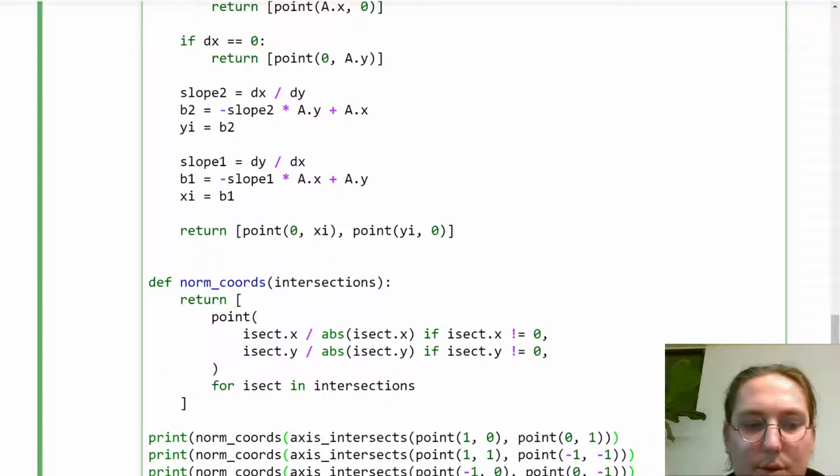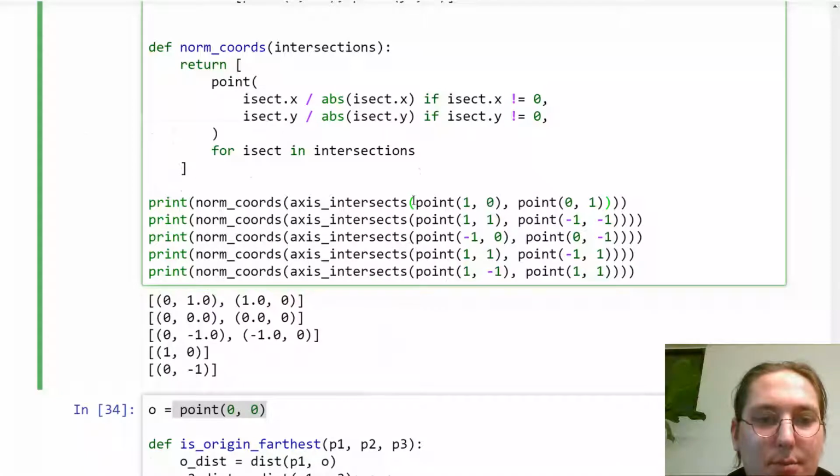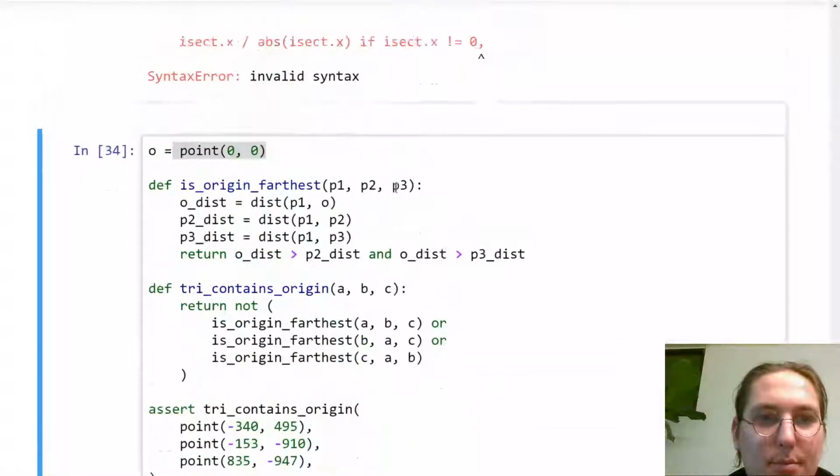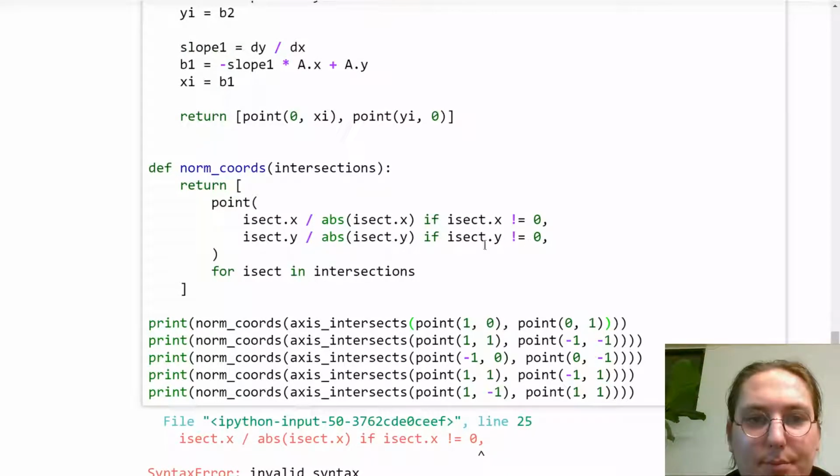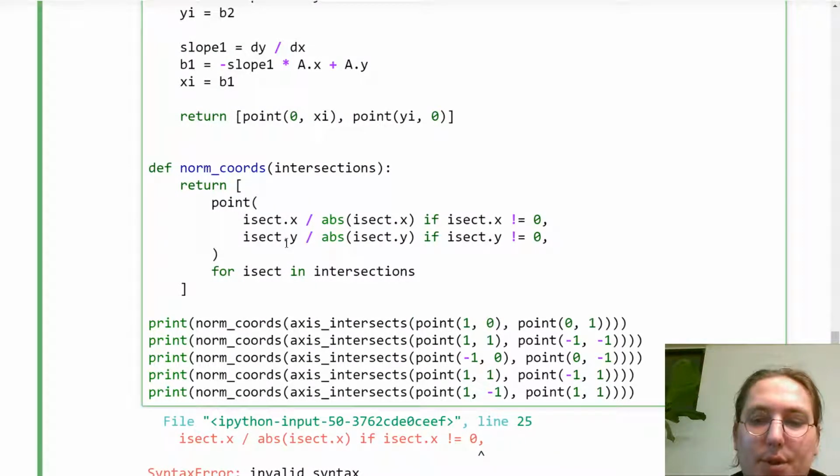Control E. Control I. Nope. No, it doesn't work because of the minus signs, but I guess we'll have to live with it. So none of this should change, apart from a syntax error. Okay, I have to put this in parentheses apparently.